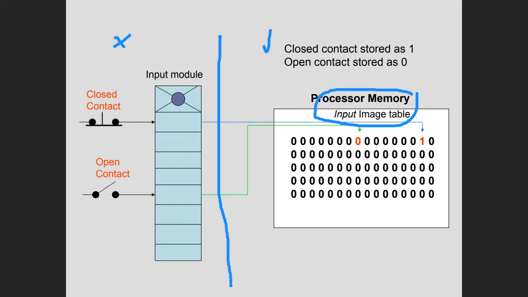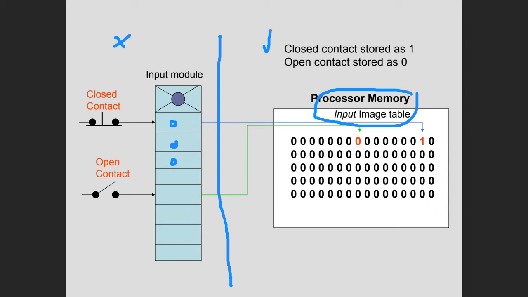There's a screw terminal here, here, and here, all the way down. It doesn't show it in this picture, but there are 16 of them for the PLC we're going to use. There are 16 of these screw terminals that you can connect buttons or switches to. And so I have a button connected to this terminal and a switch connected to this terminal.